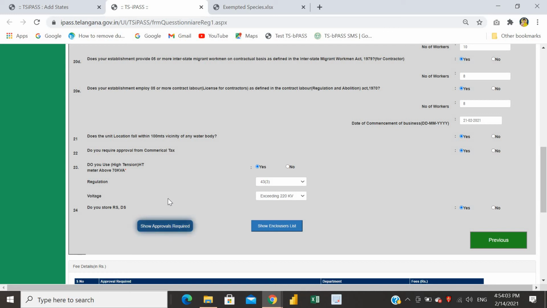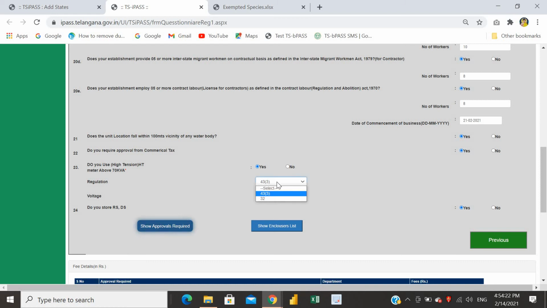I don't know whether 650 volts is equivalent to 70 kVA. Let us assume this particular question is asking whether my electrical installation is exceeding 650 volts or not. If it is exceeding, you have to say yes.